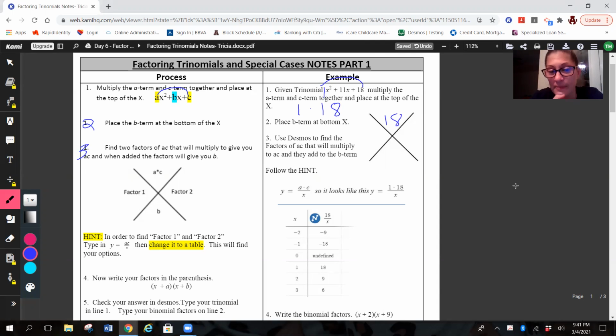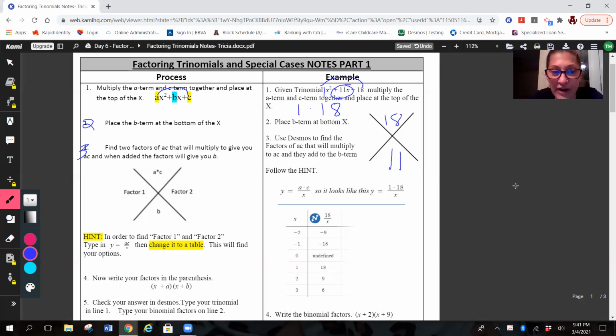Step 2 is place the b term at the bottom of the x. Notice the b term is in the middle next to x, and in our case, our b term is 11. So none of our letters go with the numbers, only the numbers. So no x's are inside of our x.